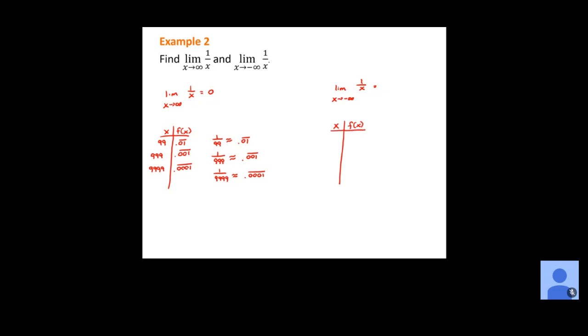What value would you want to start with this time? Okay, good. We just need to make sure it's negative because we're going in the negative direction towards negative infinity. So if we do 1 over negative 99, it's going to be the same decimal, only negative, so negative 0.01, repeating.